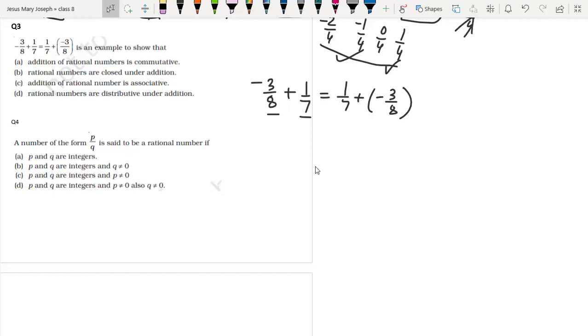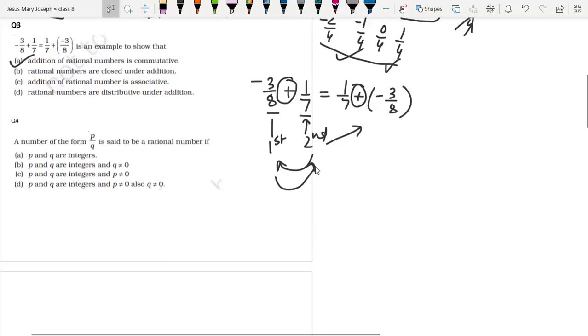This 1 by 7 is at the second place, and here it is at the first place. The position is exchanged. We all know this property is known as the commutative property, and this is under addition. So we will say the answer is: addition of rational numbers is commutative.